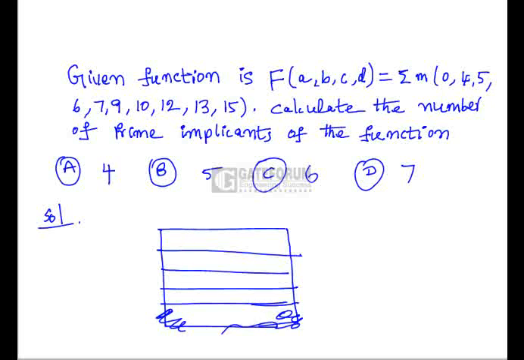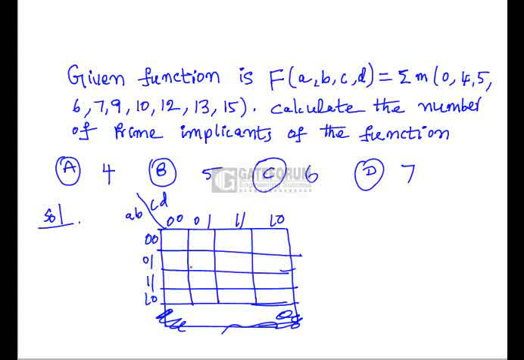So we take 4 variables like this. This is A, B, C, D. These are the Boolean variables given. The combinations are 0 0, 0 1, 1 0, 1 1, 0 0, 0 1, 1 0, 1 1.